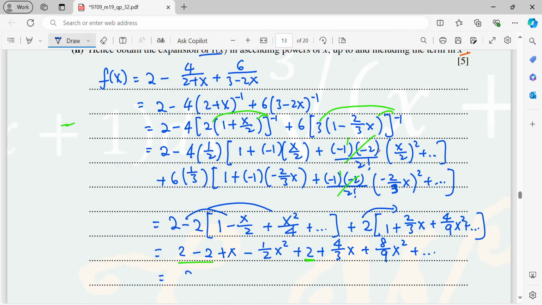So I will be getting 2. The x here combined with the other x. So here plus x plus 4 over 3 x, you will get plus 7 over 3 x. Then for the x squared, just simplify the remaining terms. So negative half x squared plus 8 over 9 x squared, that is 7 over 18 x squared. So that is the expansion of f(x) up to x squared.